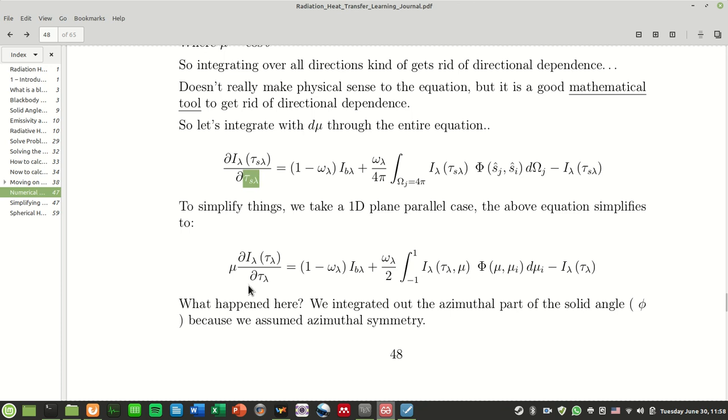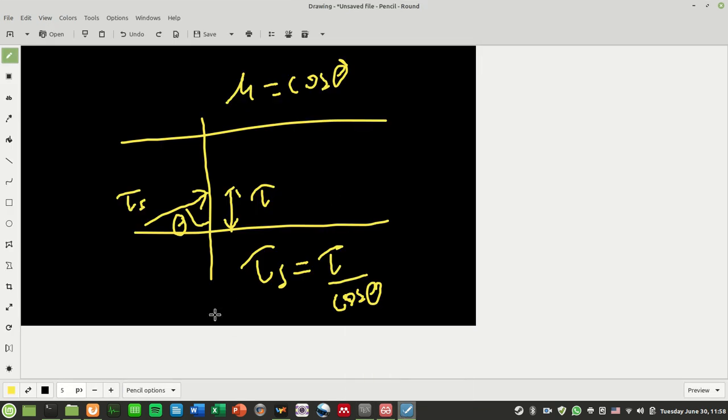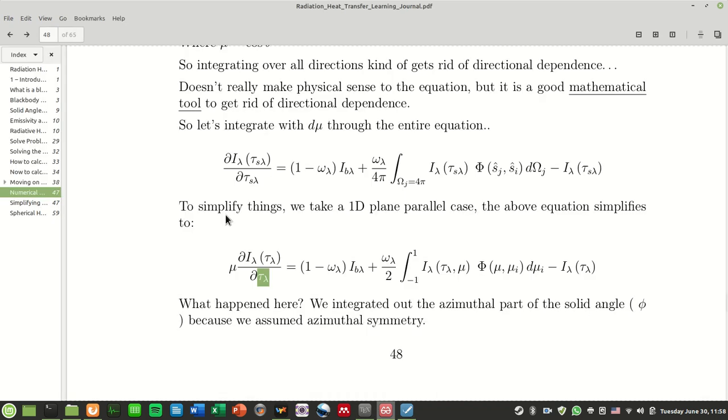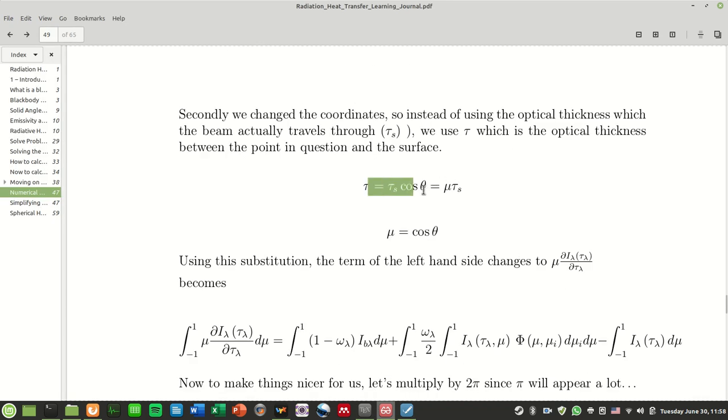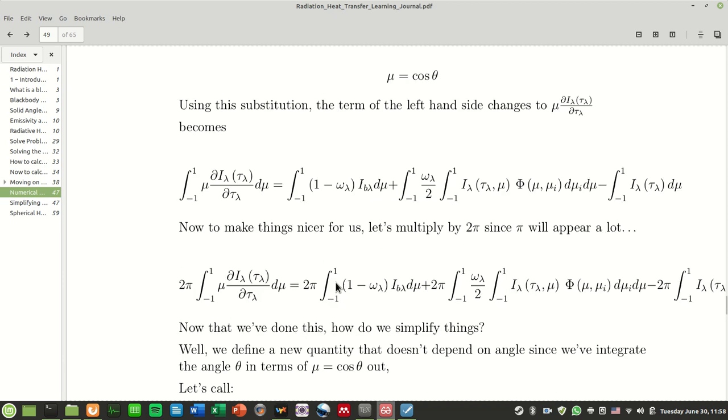That's part one. Just remember this is why we were changing the coordinates. Now we want to integrate the whole thing throughout with mu.